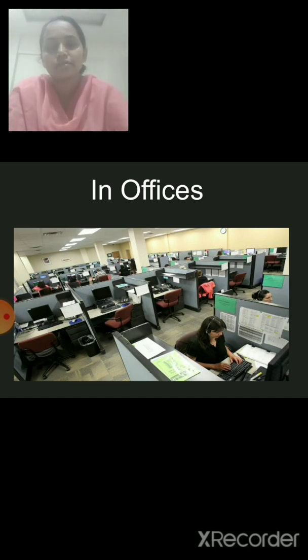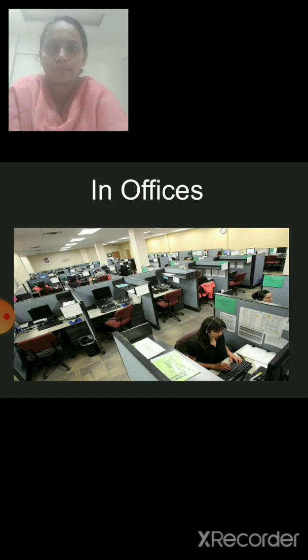In offices, the computers are used for writing letters, sending mails, keeping records of customers. All the details of customer or any official records are saved in the computer. And also communications become very easy through the emails. So in offices computers are used for all these purposes.